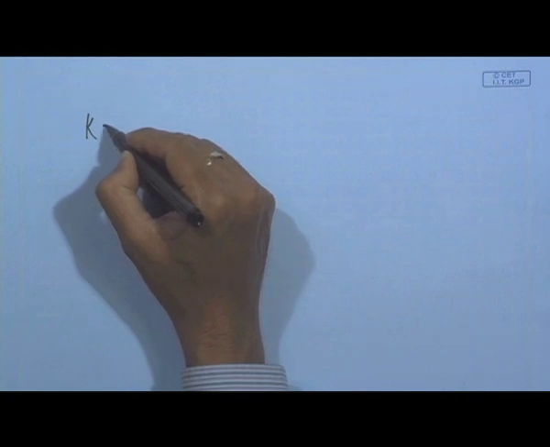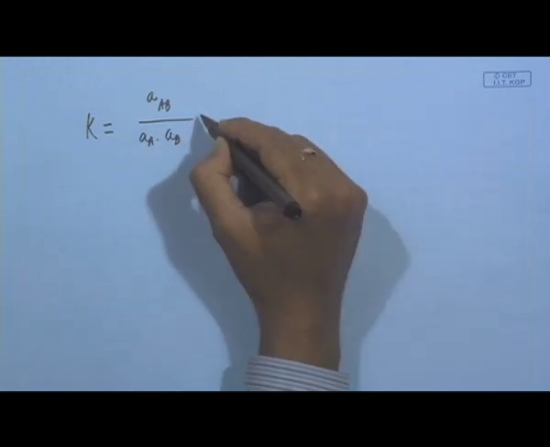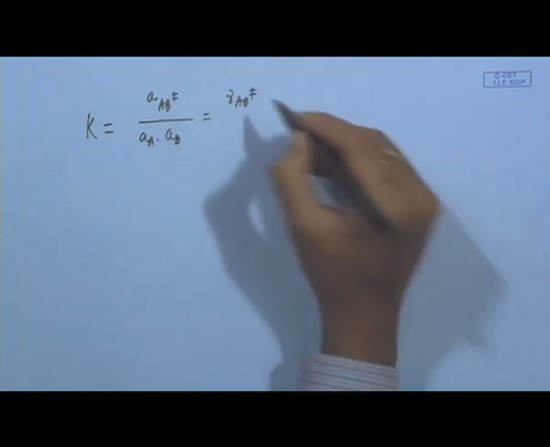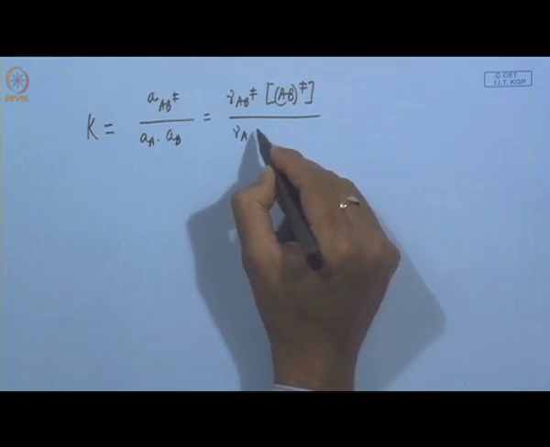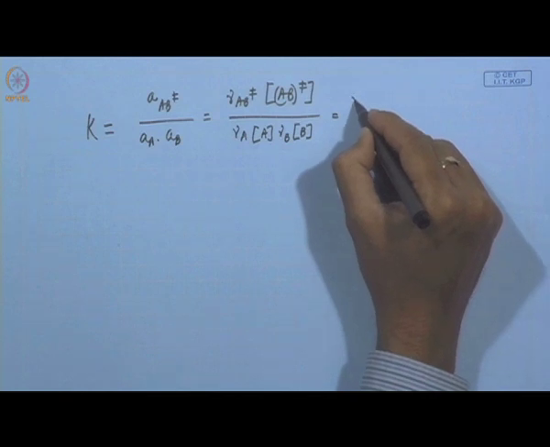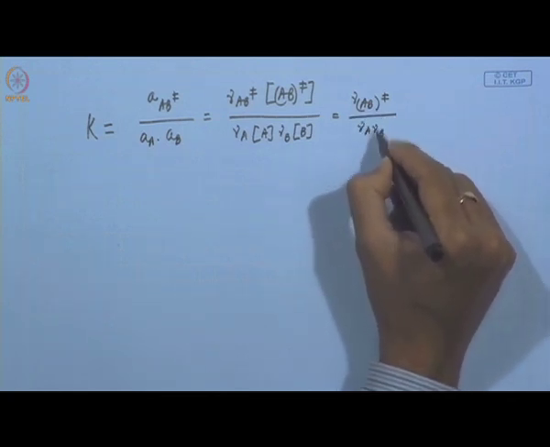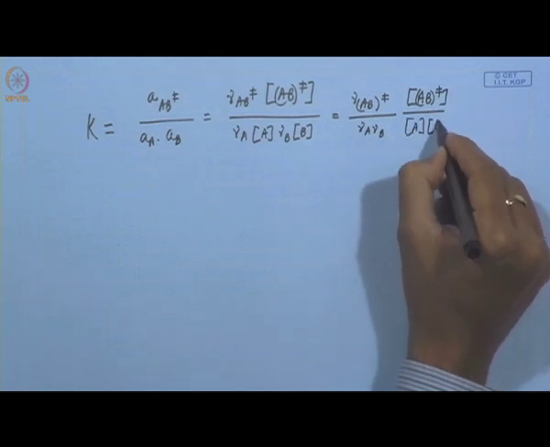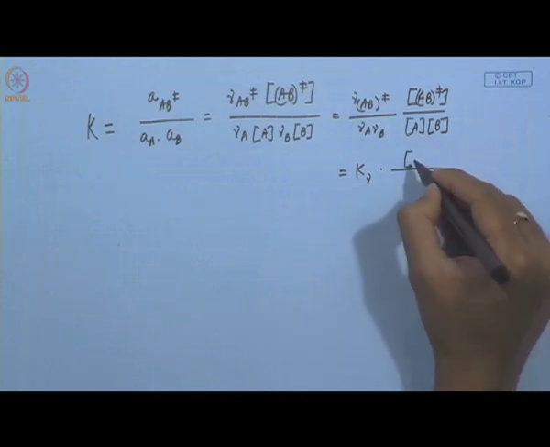That means K is equal to the activity of AB divided by the activity of A times the activity of B, which is equal to gamma AB times the concentration of AB divided by gamma A gamma B times the concentrations of A and B. This is your gamma part, this is your concentration part, which is equal to K gamma times the concentration equilibrium constant.